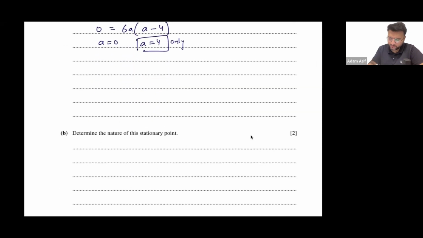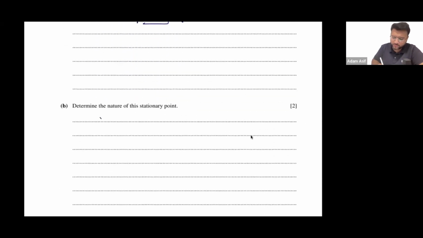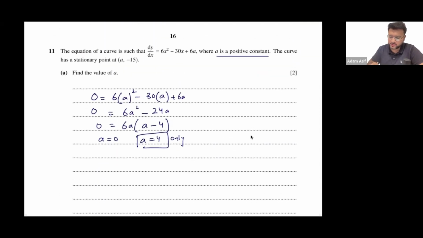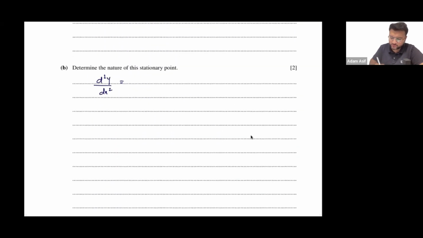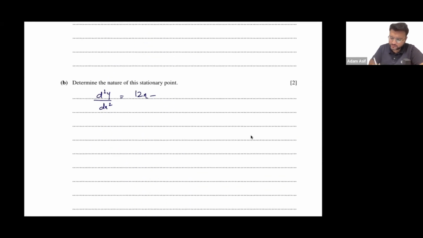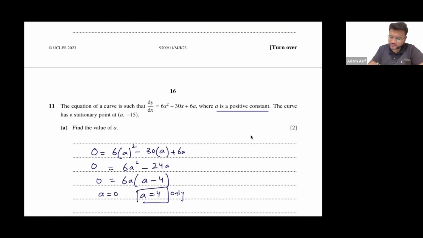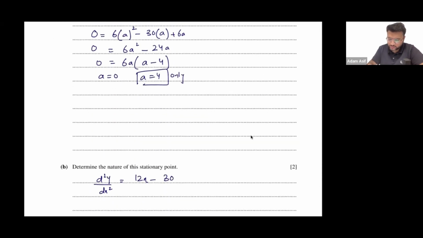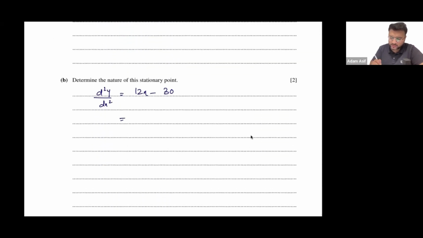Okay. Part B says determine the nature of the stationary point. So for that, we have to differentiate the dy by dx function again. So differentiation of 6x squared would be 12x. Differentiation of minus 30x would be minus 30. And differentiation of 6a, which is just a constant number, would be 0. And the stationary value occurs at a, which is 4.